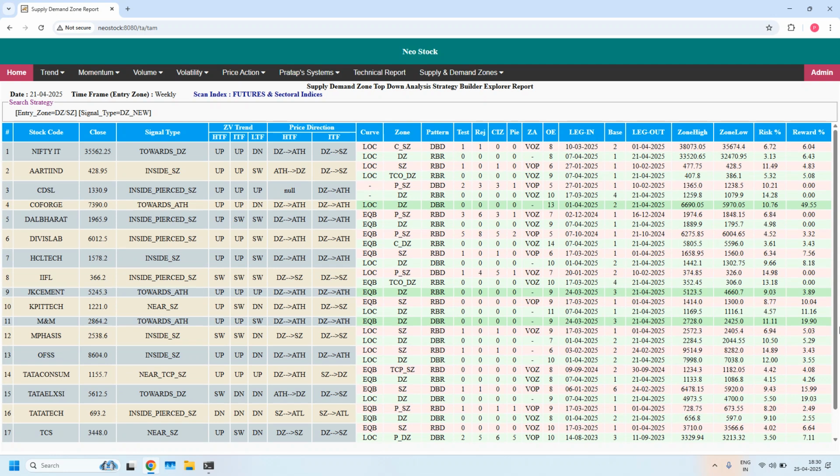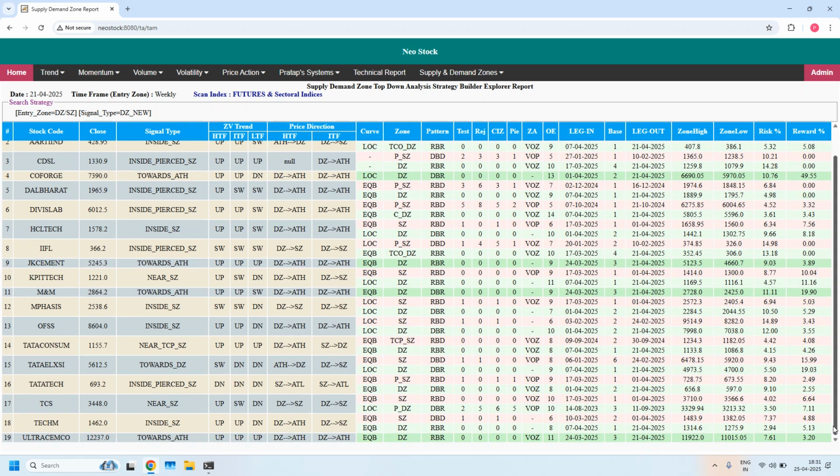So first 17 stocks in the list. Scrolling the list down. So these 19 stocks are having newly created demand zones.